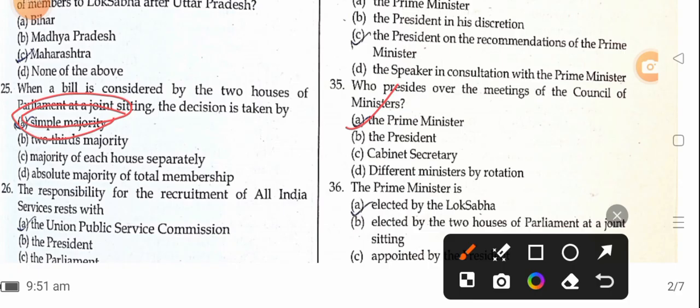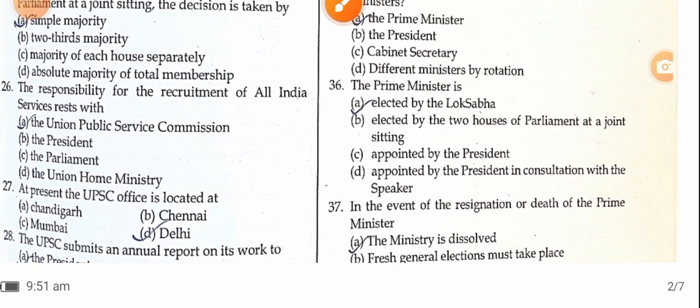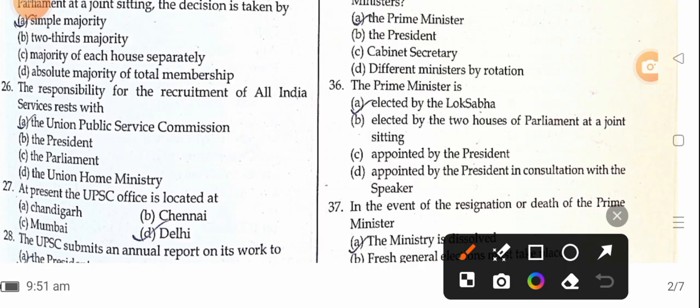Now its name has been changed and it is called Niti Aayog. The Prime Minister is elected by the Lok Sabha. The responsibility for the recruitment of all India services rests with the Union Public Service Commission.